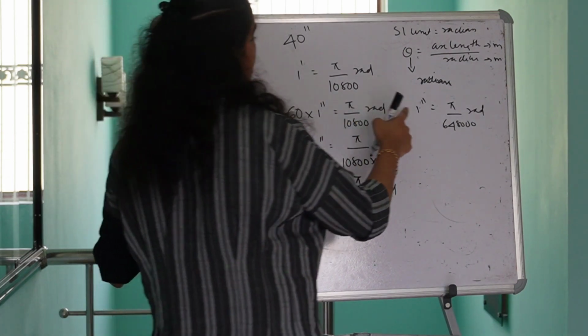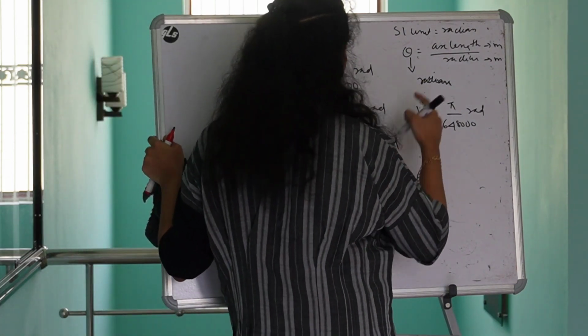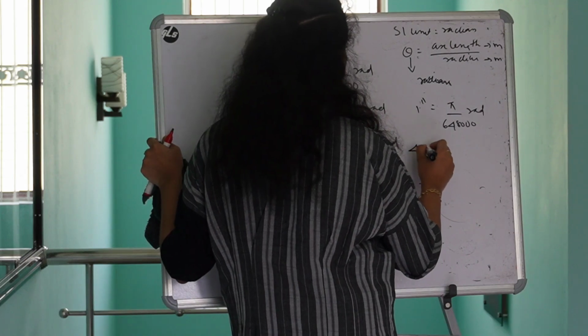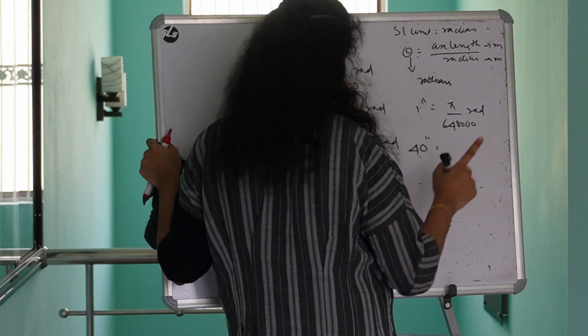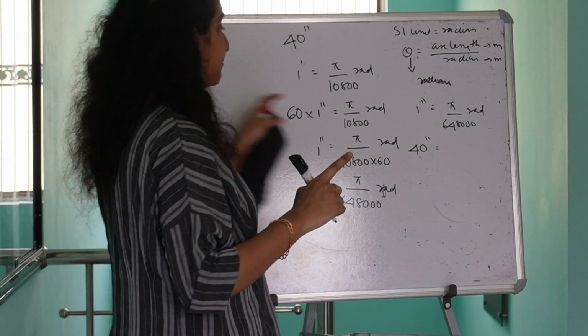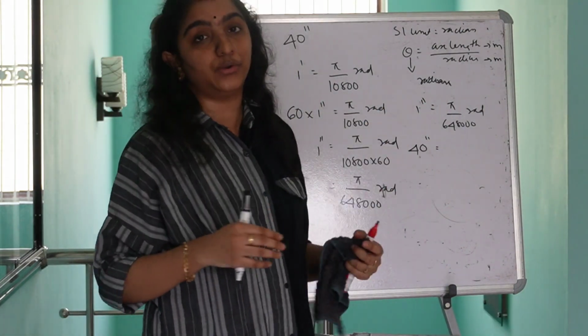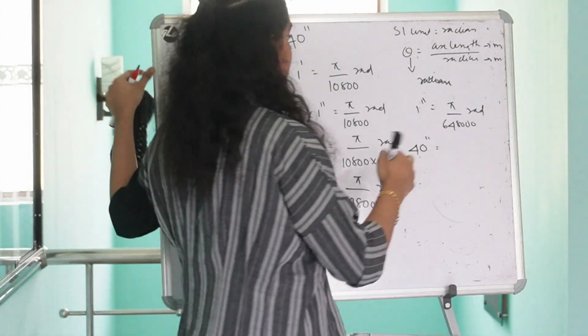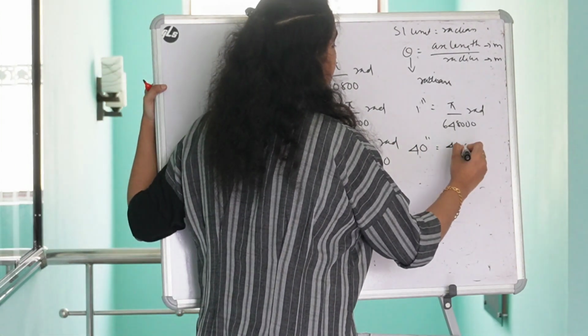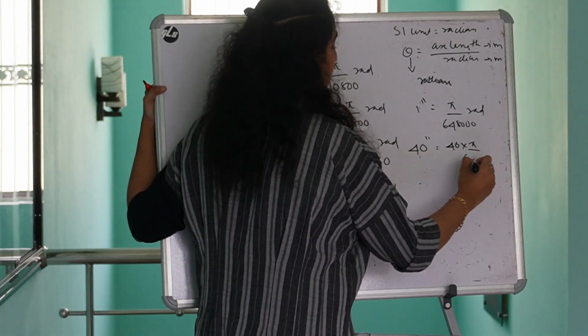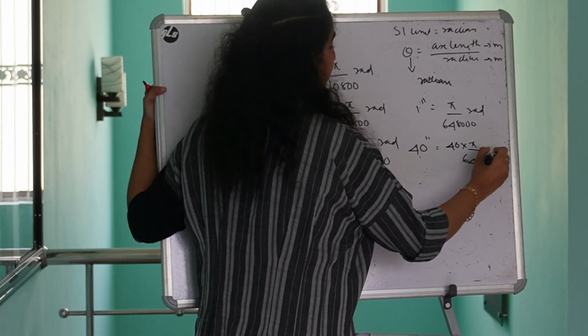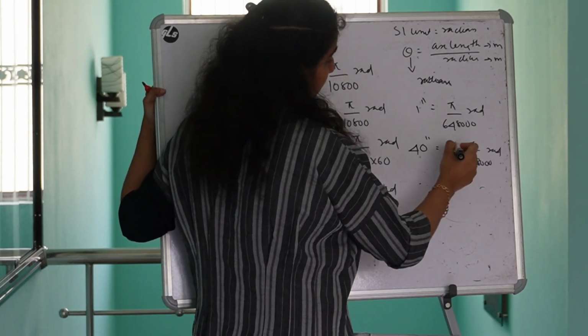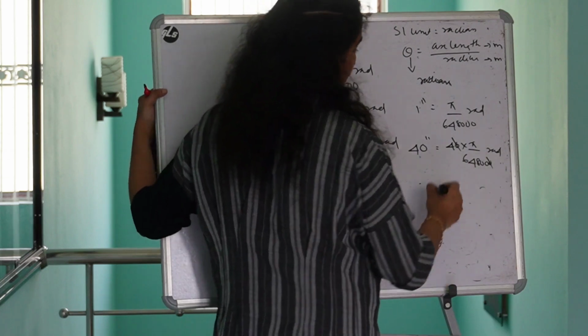It's very easy to make 1 second into 40 seconds. I simply multiply by 40. Since I am multiplying 40 on the left side, I have to multiply the same value on the right side also. Now 0 cancels.